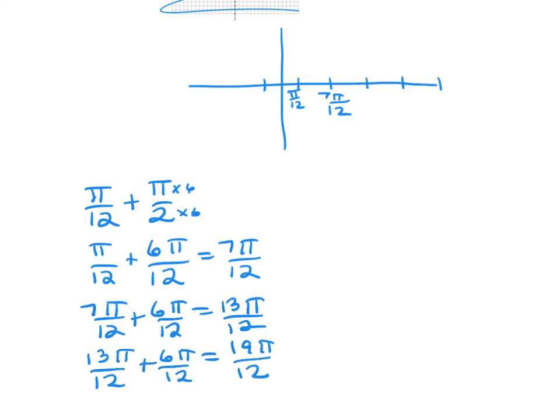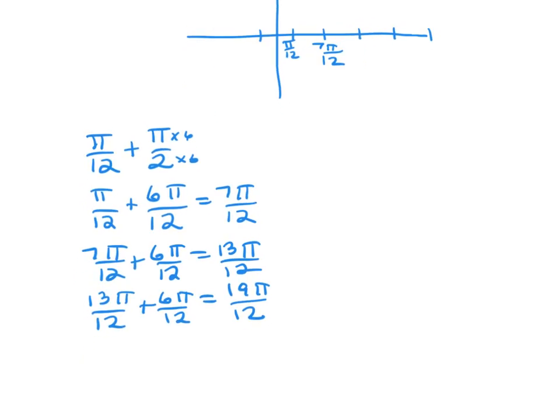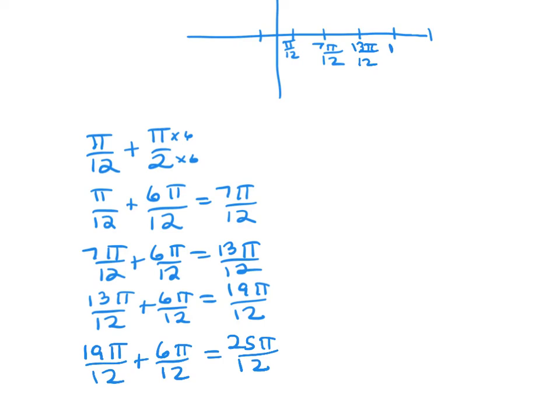And I need to do it one more time. 19 pi over 12 plus 6 pi over 12 gives me 25 pi over 12. So 13 pi over 12 goes here, 19 pi over 12 goes here, and 25 pi over 12.